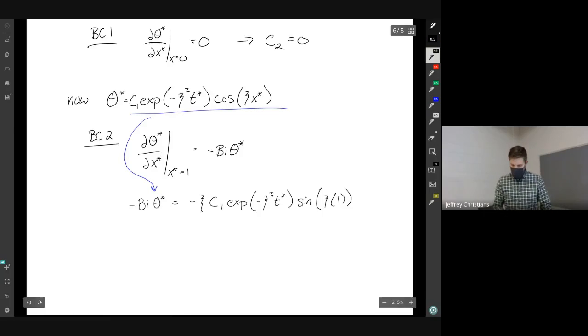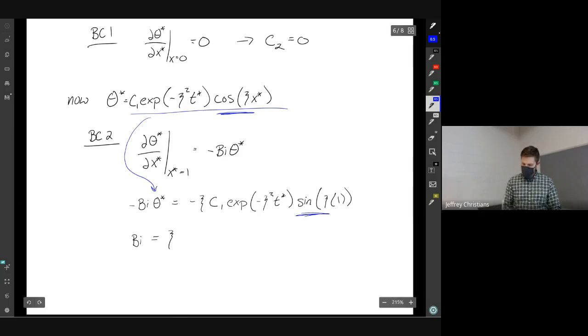So let's look at what the differences are. We have a Bo number on the left side. We have a negative C on the right side. So this tells us that the Bo number would be equal to C. In this top term, we have a cosine.